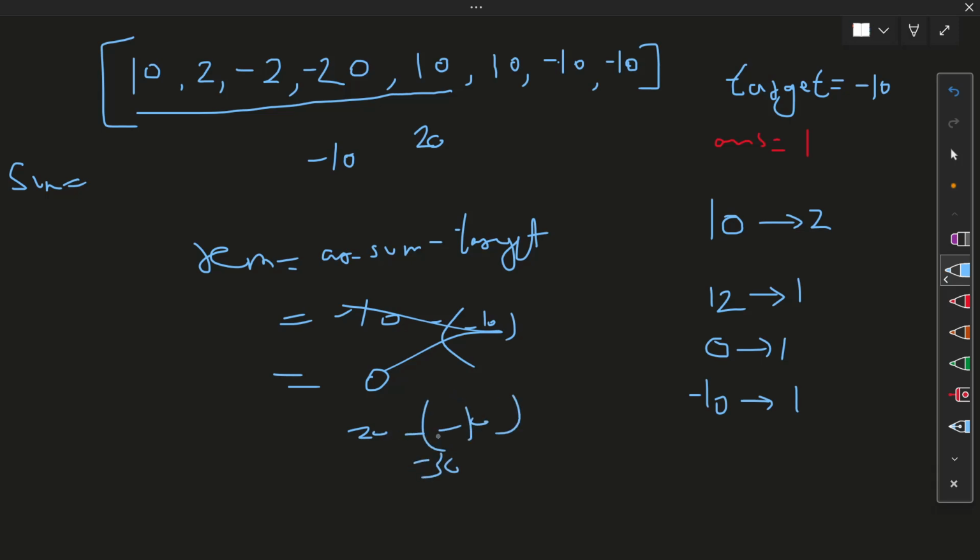We got 30. Is 30 there? No, 30 is not there. Okay. So just consider the current summation from the starting index to this point with the frequency 1. Then we got 30. I think I have made a mistake.